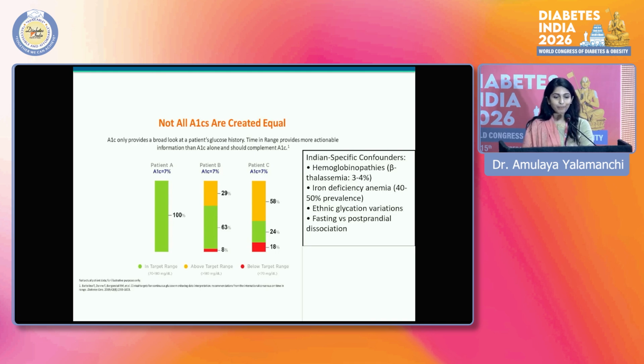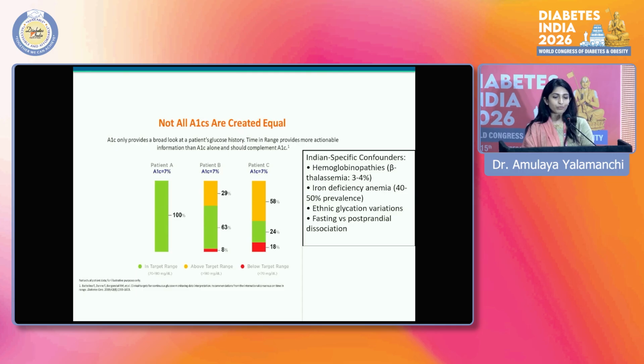But the same profile is different across different patients. The glucotypes are different. Patient A is at 100% in target, but patients B and C are at increased risk of comorbidities even when the HbA1c is 7. So this is not a reliable source of glucose history, it's just an average.